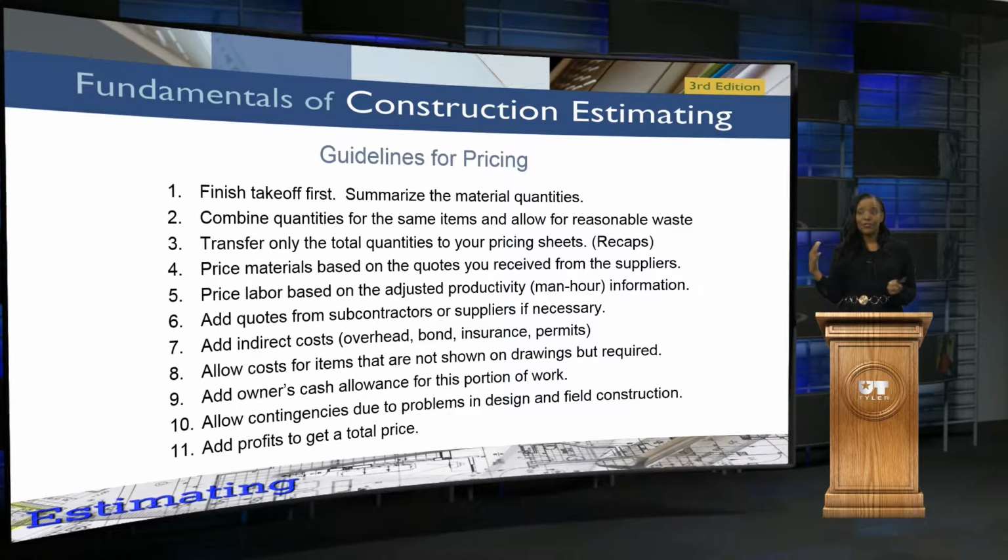I'm not 100% sure if you did recapping, but what you should have then done is take the quantity takeoff and place just your actual total quantity on the pricing sheet for your recap sheets. Typically, your recap sheets are supposed to be done through divisions. And you need to look at your project manual and see what is required and what divisions are going to be used for that project, okay?